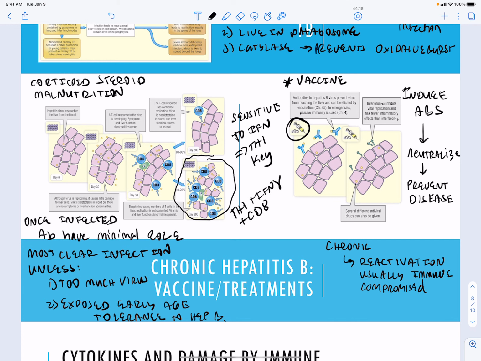CD8 equals destruction of your tissue. And this is what can lead to cirrhosis. Or hepatitis, which would come before cirrhosis. And so it's important, again, to get vaccinated because then you avoid overwhelming your immune system, having your immune system overactivated so it destroys your liver tissue.